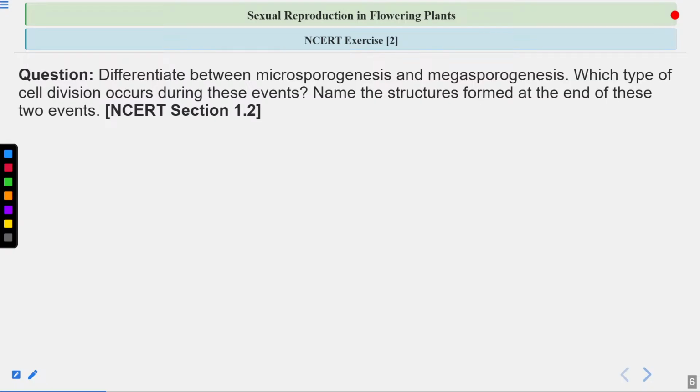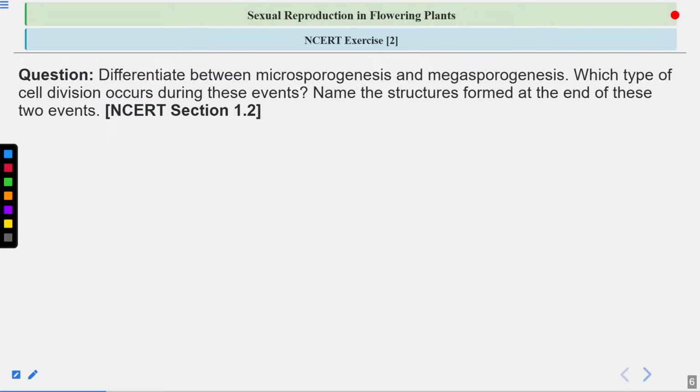Differentiate between microsporogenesis and megasporogenesis. And it has another question also: which type of cell division occurs during these events? Name the structures formed at the end of these two events, that is, microsporogenesis and megasporogenesis.